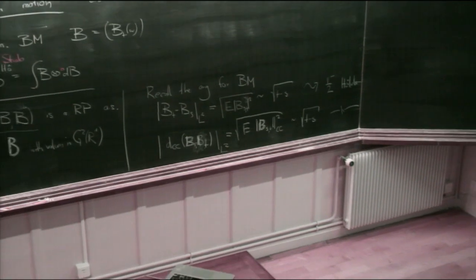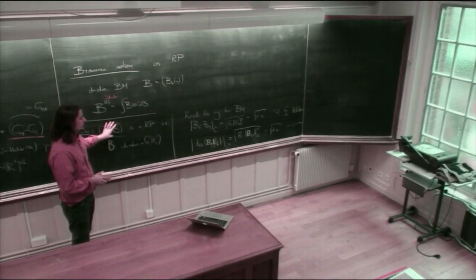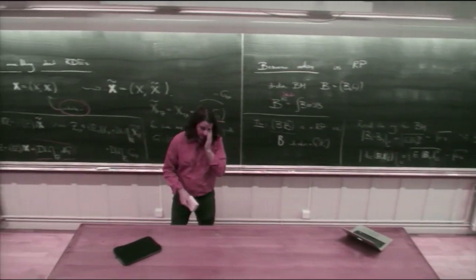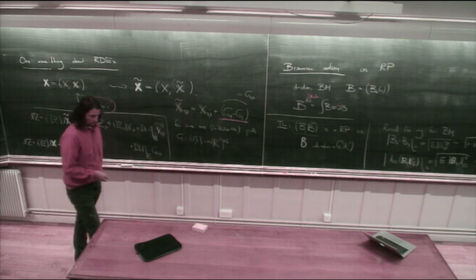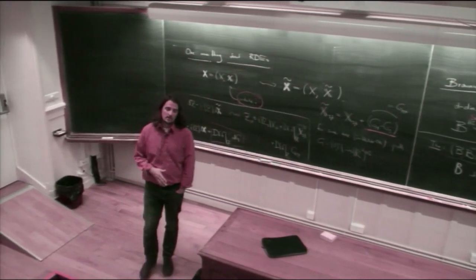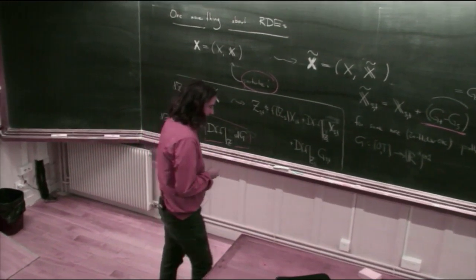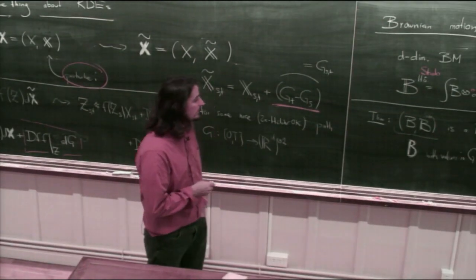Now, let's recap here. We know Brownian motion is a rough path. That means we can put it in this rough integral. We can put it in these rough differential equations. And the reason why this is consistent with the notion of stochastic integration and stochastic differential equations that you know is very simple.